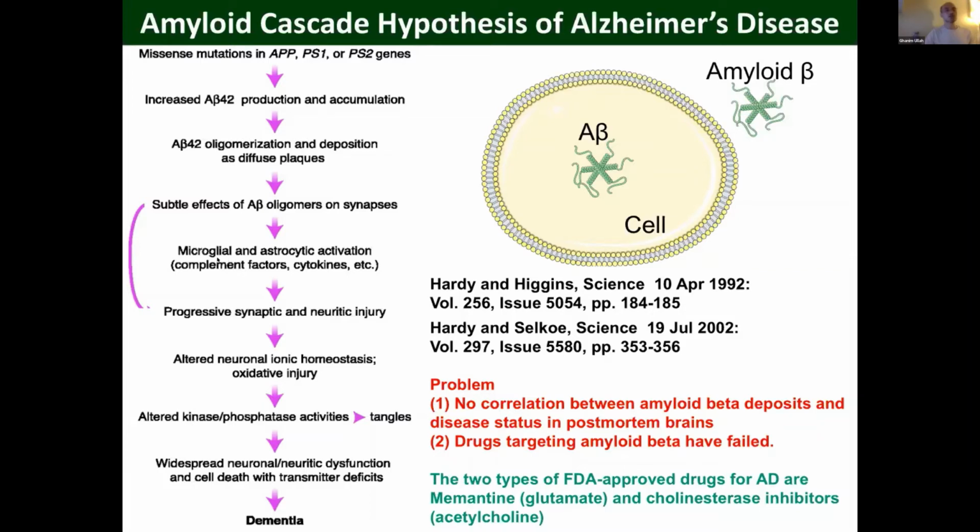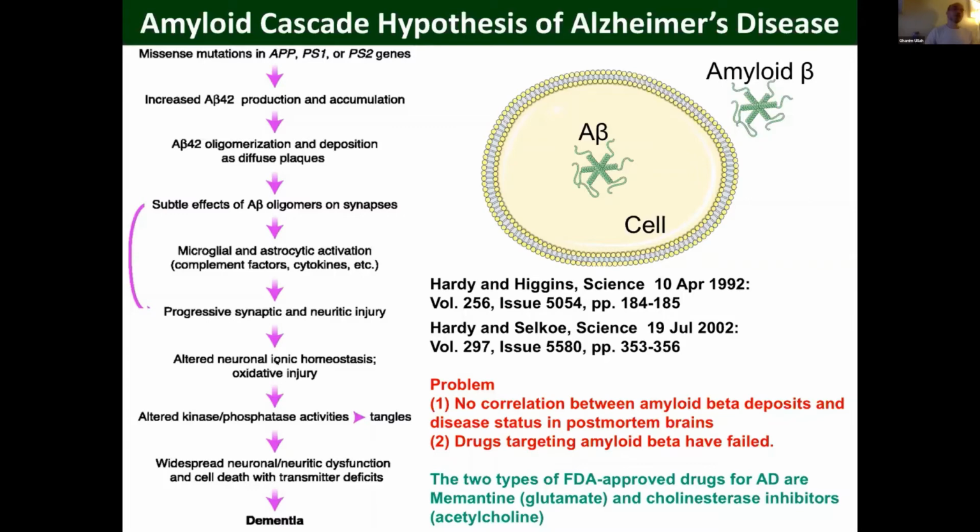It causes neuroinflammation in the brain and the release of cytokines, which exaggerates this damage in the brain, and then eventually synaptic and neuronal injury, altered neuronal ionic homeostasis, like calcium signaling, for example, oxidative injury, then large-scale tangle formation, and eventually dementia.